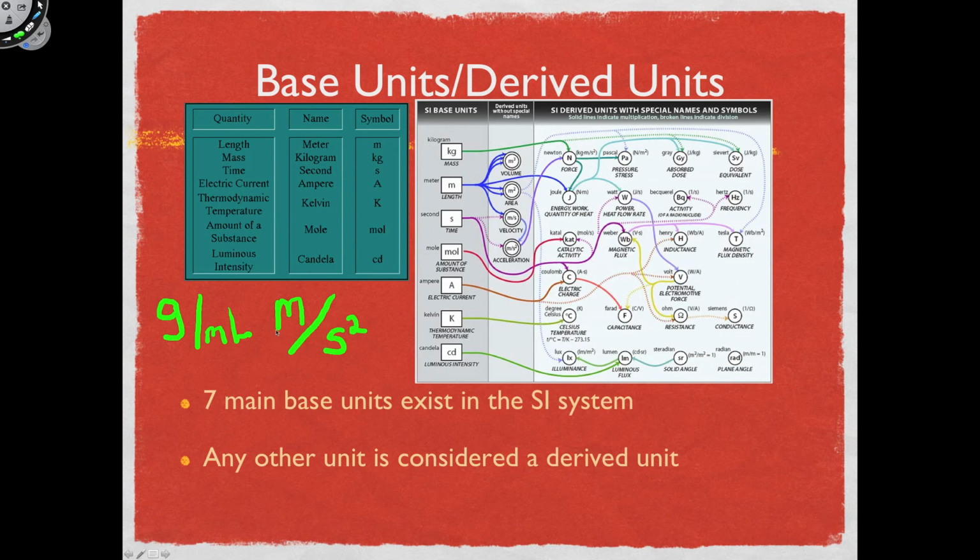But you take any of these, and it doesn't have to be two different ones. For example, a meter cubed, a unit for volume, that's a derived unit because it's using meters in 3 dimensions. All right, that's part 1 of the data analysis notes.